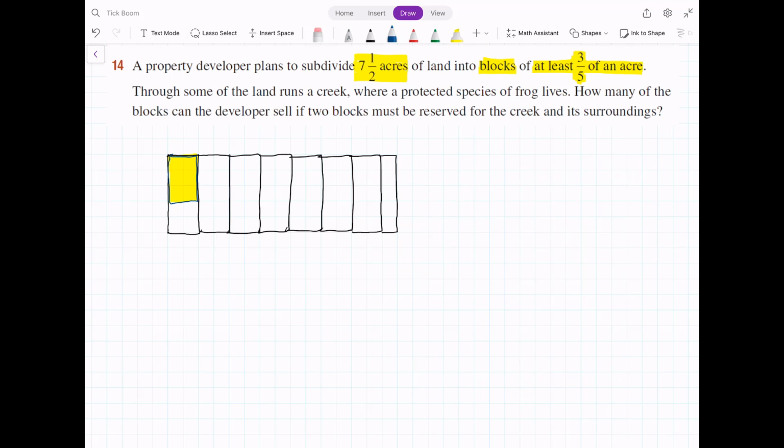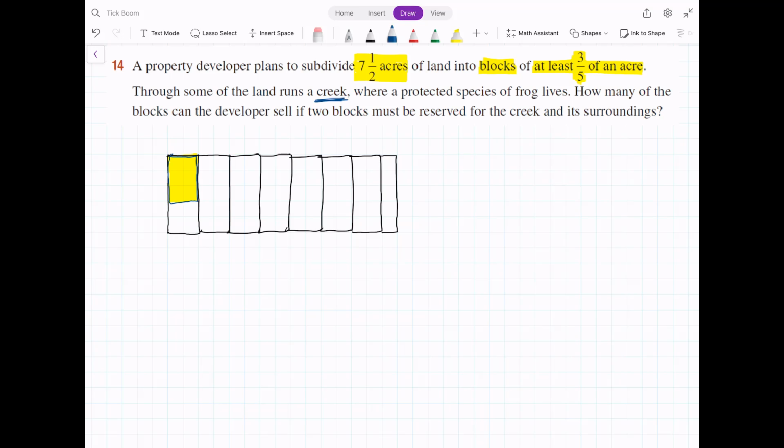Now, what the question is asking is how many of those blocks can be sold if they need to be at least that big, and if 2 of those need to be reserved for this creek where the protected species of frog lives.